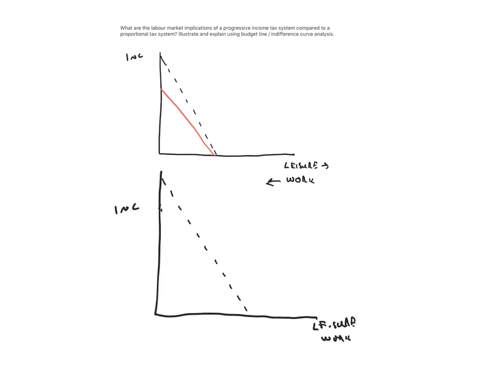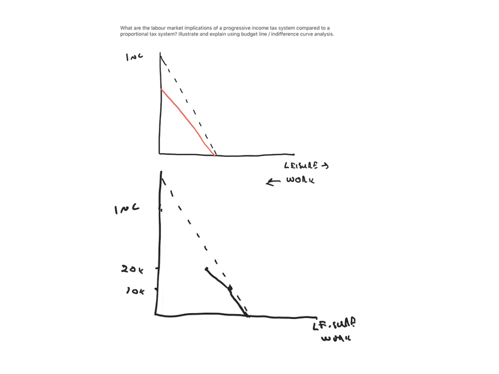So typically what happens in the progressive system, there's a certain amount of income on which people don't pay tax. So let's suppose that goes up to this level, whatever that is. And then the next chunk of income, and this could be, say, up to 10K, and the next chunk of income, say up to 20K, is taxed at a particular percent.